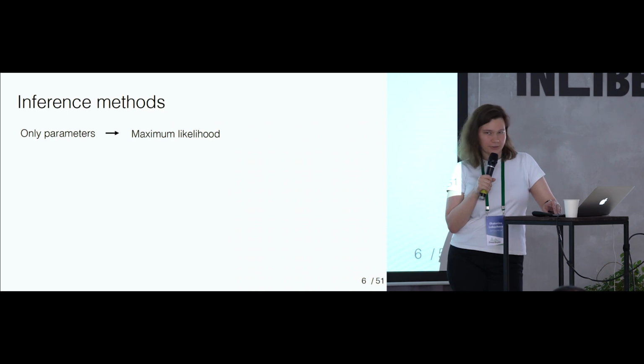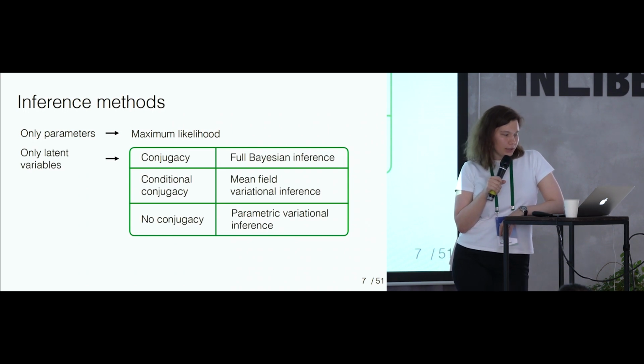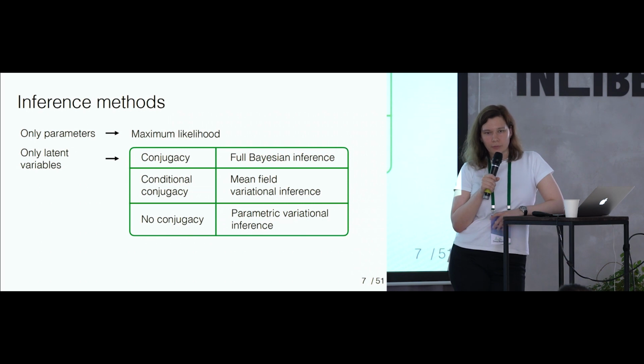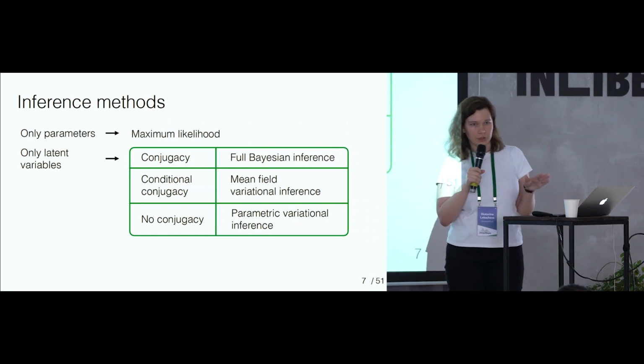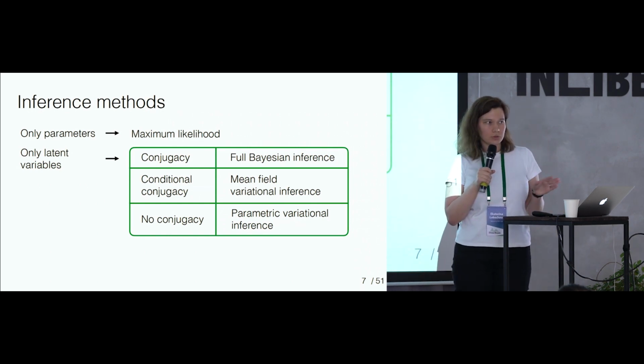Okay, there are a lot of variants, but we will discuss three of them. Depending on the structure of your model, so the conjugacy of your prior and likelihood, we can choose three different variants. If our prior and likelihood are conjugate, then we just use full Bayesian inference. If they are not conjugate, then we try to find some factorization in which we have conditional conjugacy.